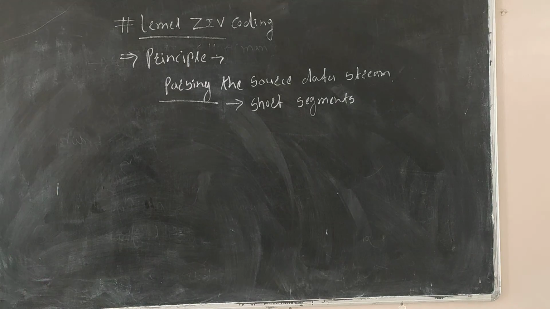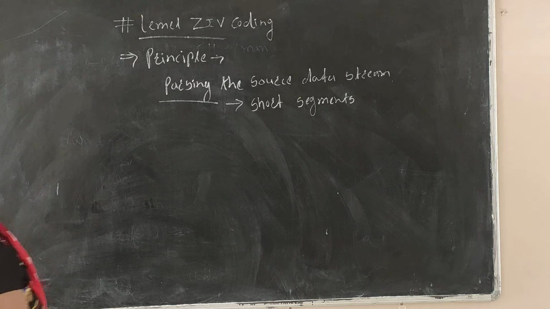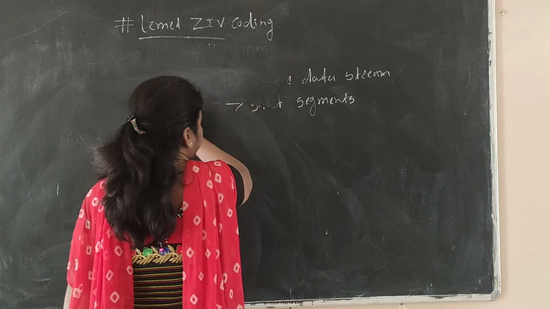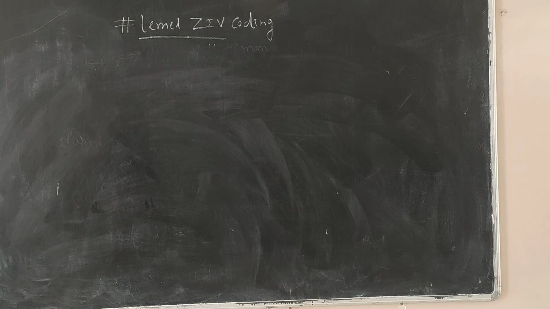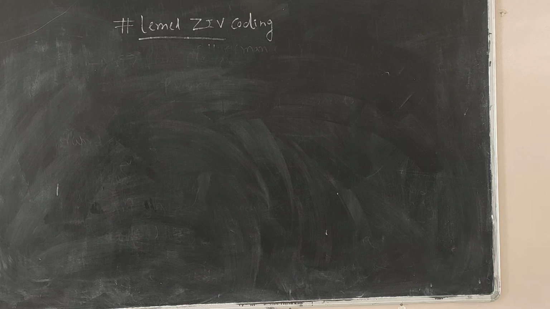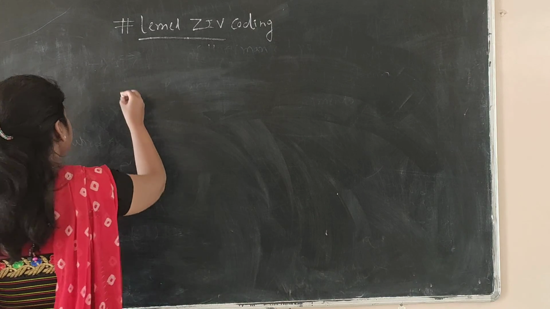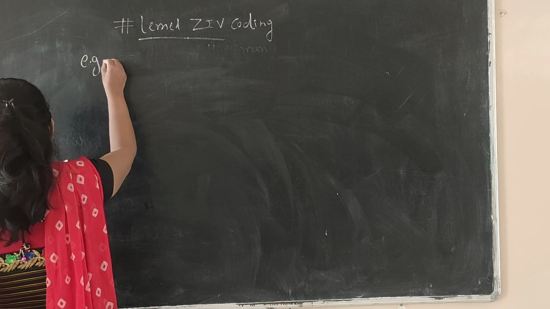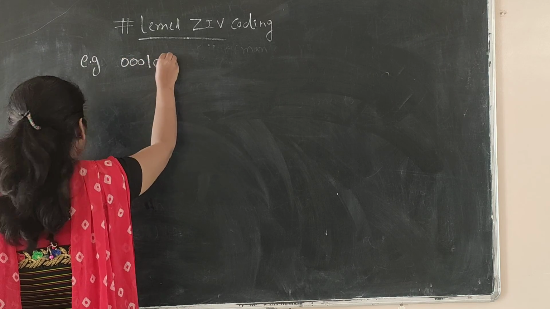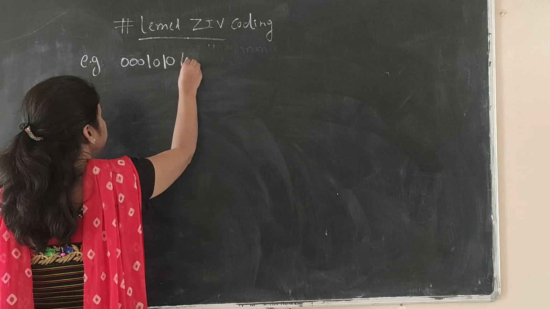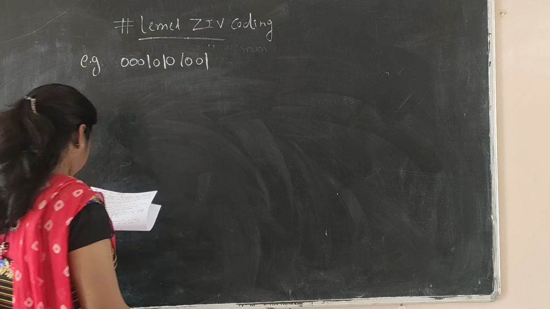For example, we will take one data stream to solve the coding: 0 0 0 1 0 1 0 1 0 0 1.